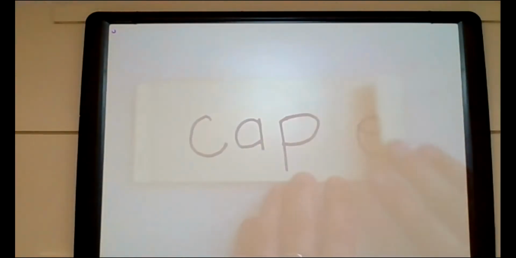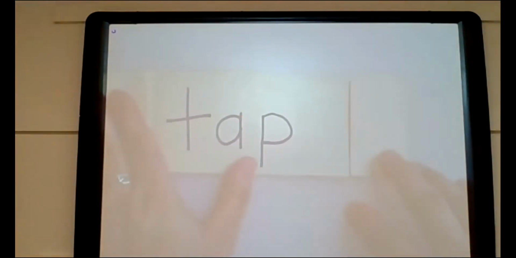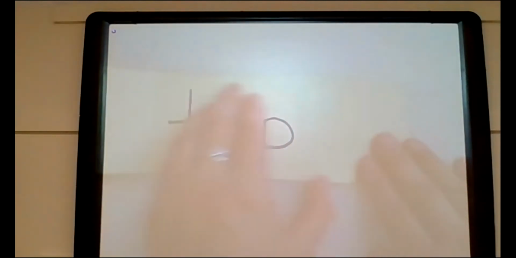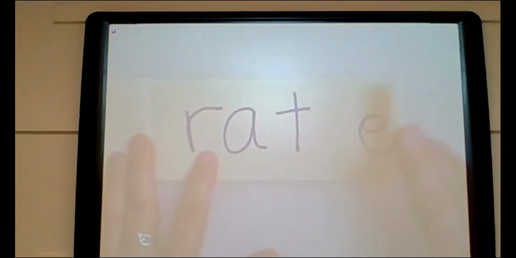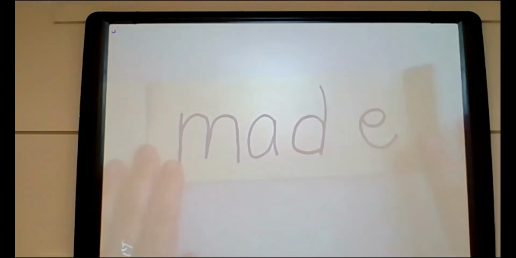So this is another flip book, but a different kind of flip book, because now we're flipping open the silent E marker to make the short vowel sound change: cap becomes cape, tap becomes tape, rat becomes rate, and mad becomes made. Those are just some examples of the first pattern they're going to learn in the within word pattern stage.